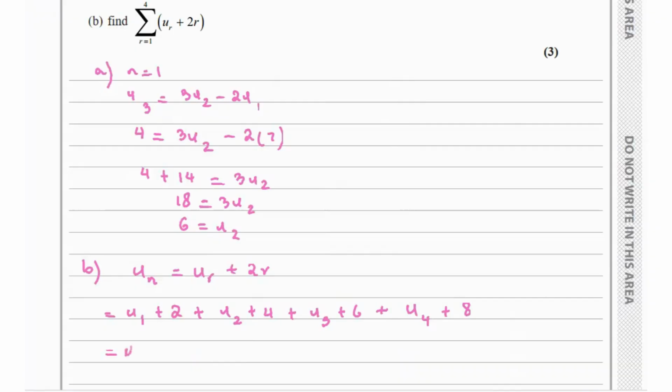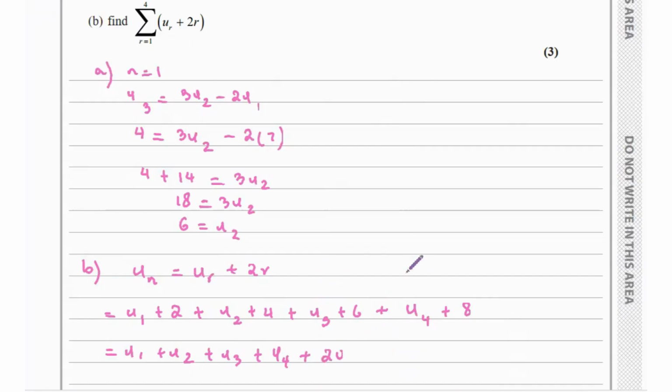So that's basically U1 plus U2 plus U3 plus U4, plus 2 plus 4 is 6, 6 plus 6 is 12, 12 plus 8 is 20.